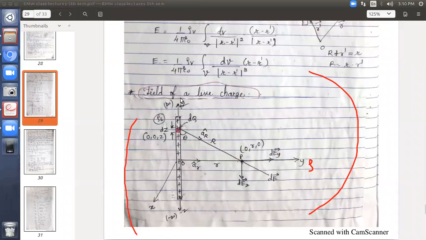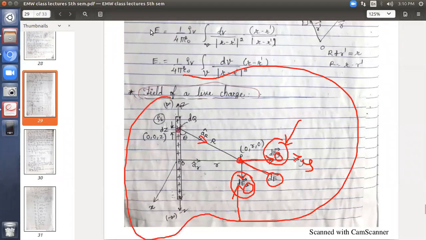Quickly answer me. Out of these two field components, DEY and DEZ, which field will be present and which will vanish? I hope you remember the derivation.